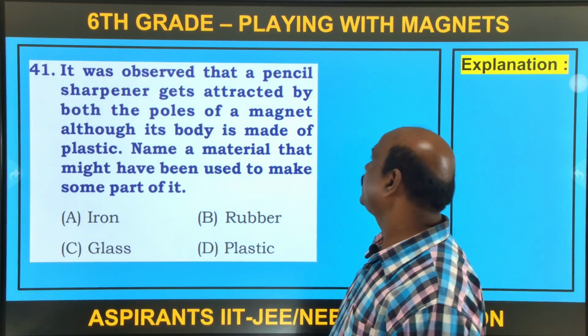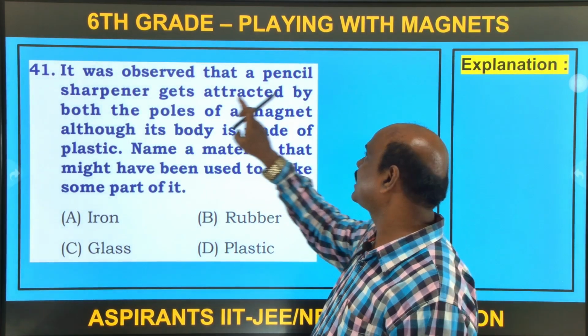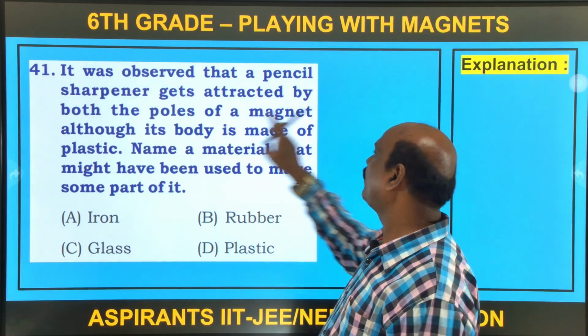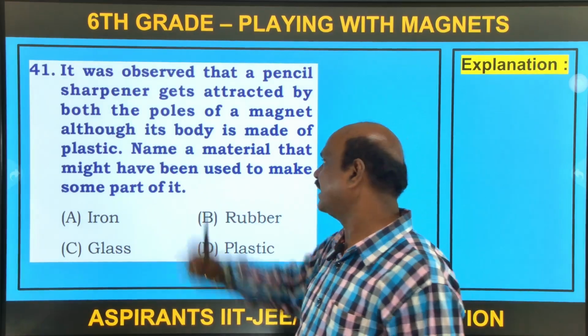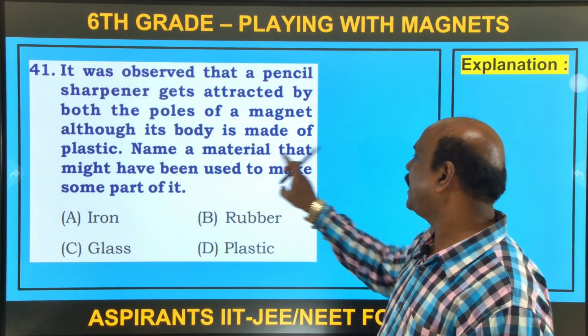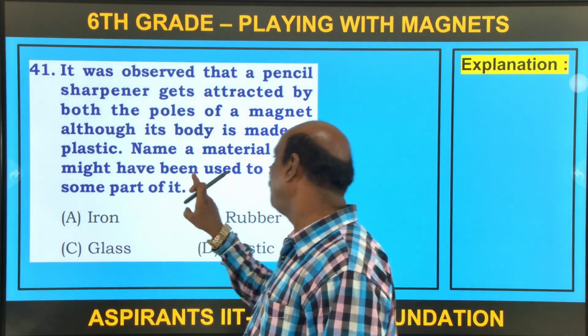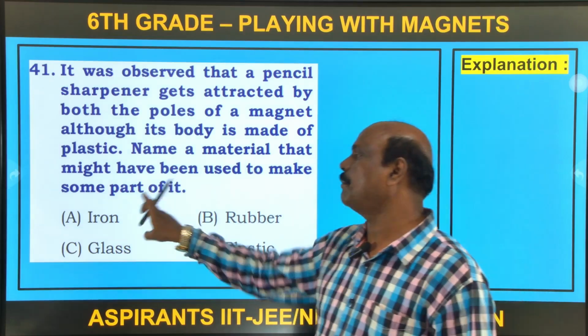It was observed that a pencil sharpener gets attracted by both the poles of a magnet, although its body is made up of plastic. Name the material that might have been used to make some part of it.